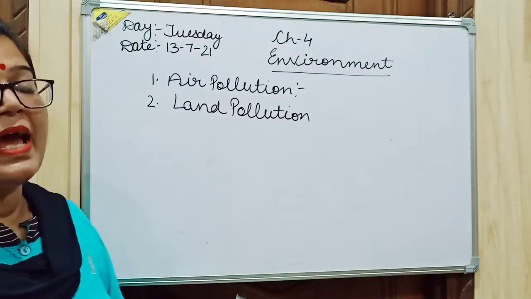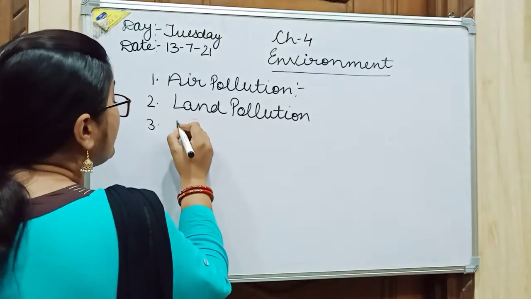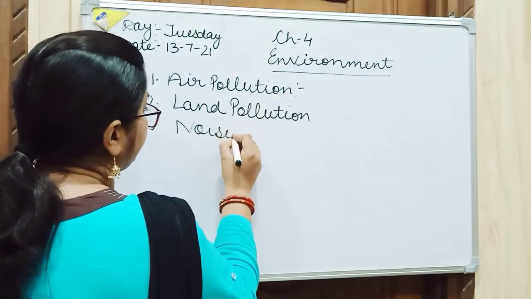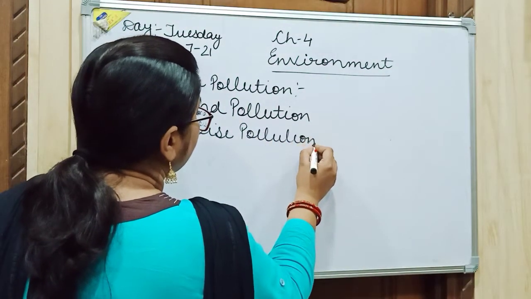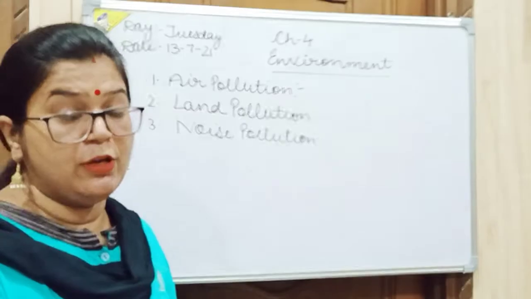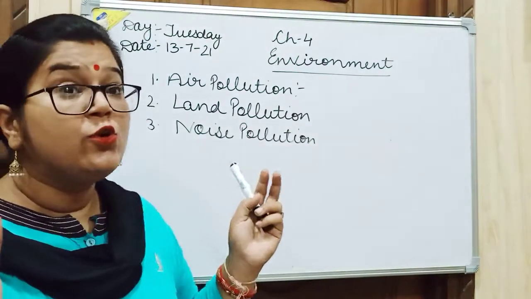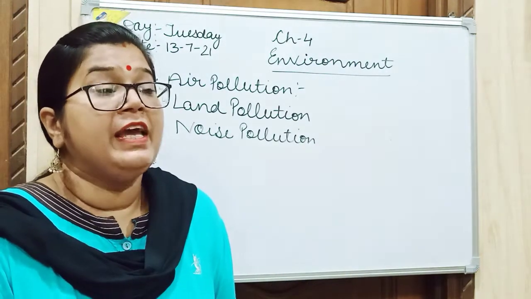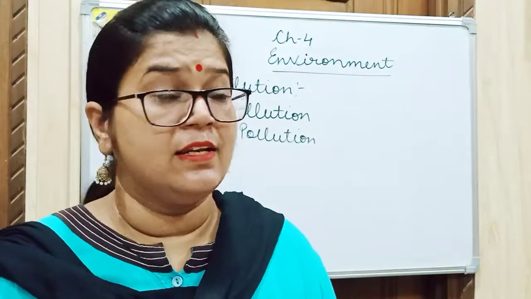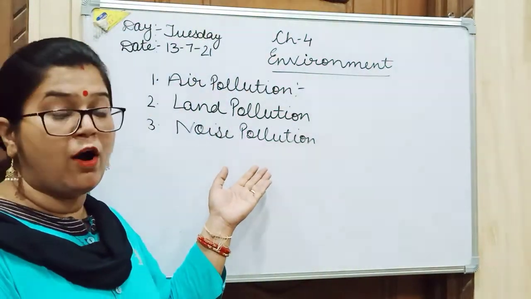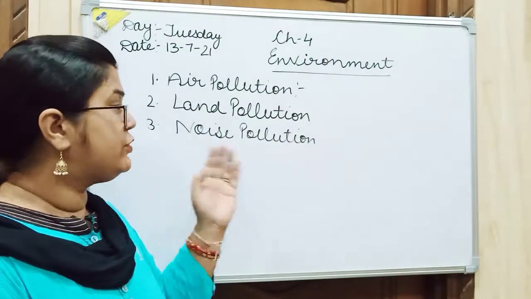And third is noise pollution. This type of pollution is caused by loud noise. For example, if we listen to loud music and loud voices, or honking vehicles, they cause this type of pollution known as noise pollution.